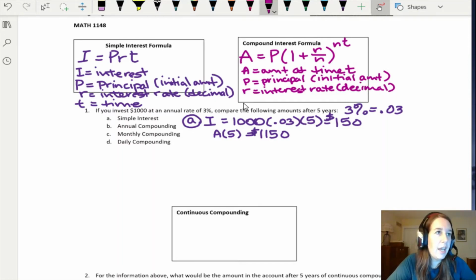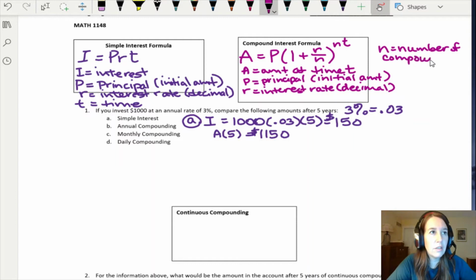And then n, let's see, I'm going to put n over here because that's the new thing and I want to make sure we can read it. So n is the number of compoundings per year. So notice it says the compound interest formula.